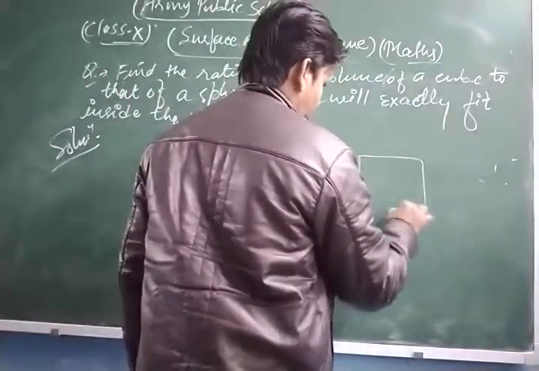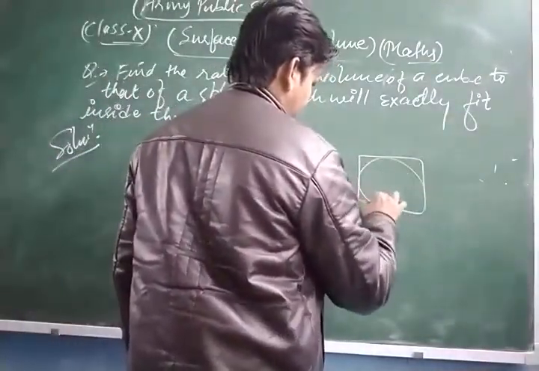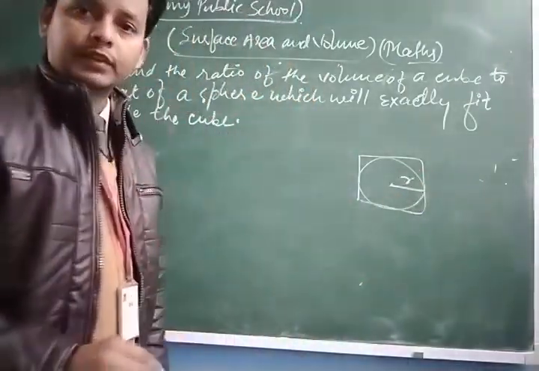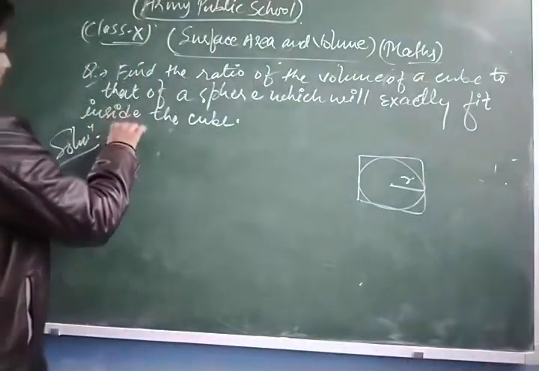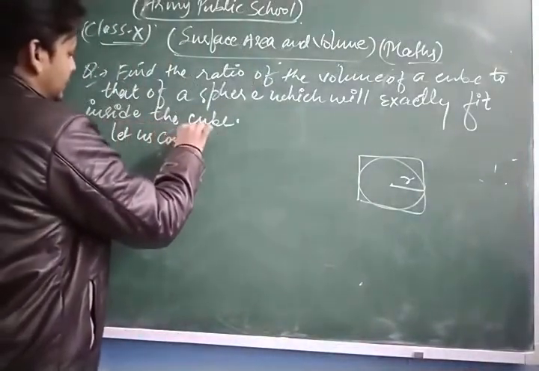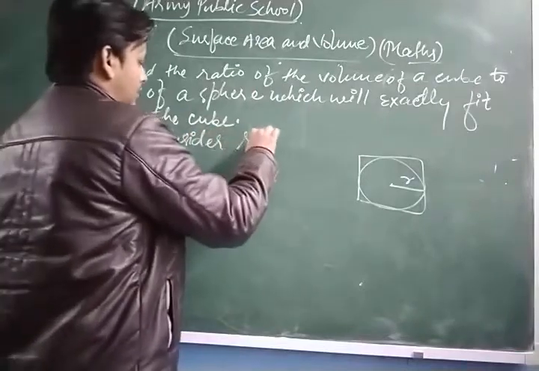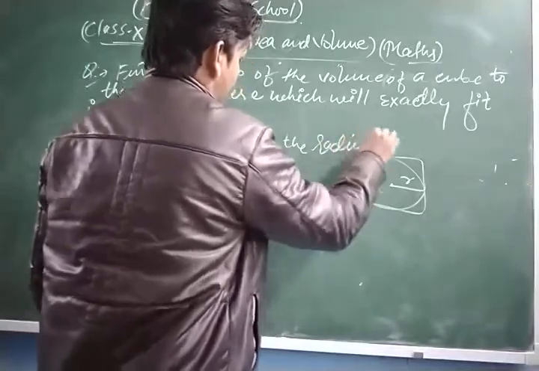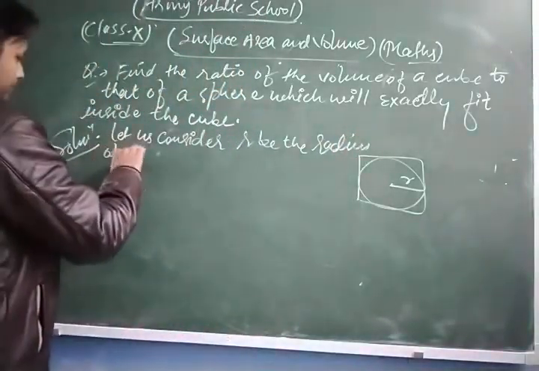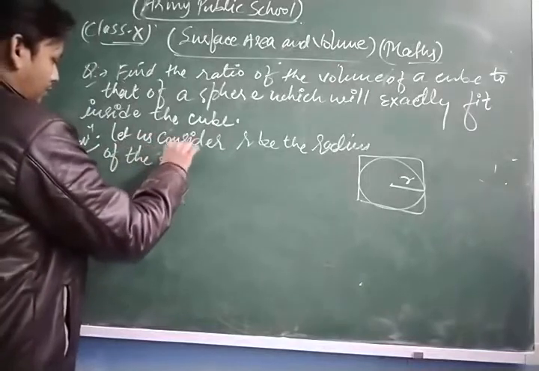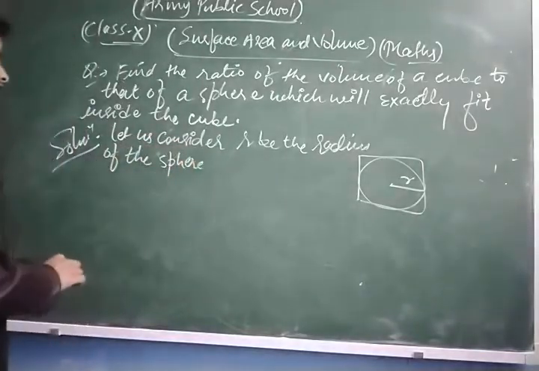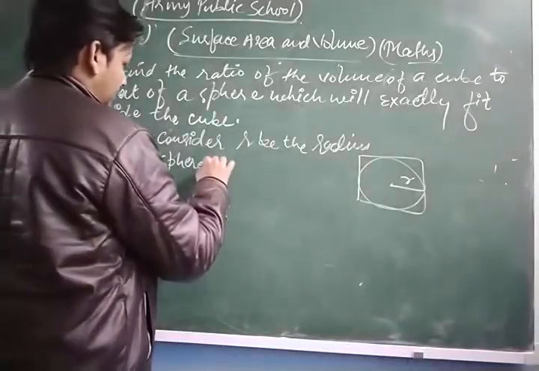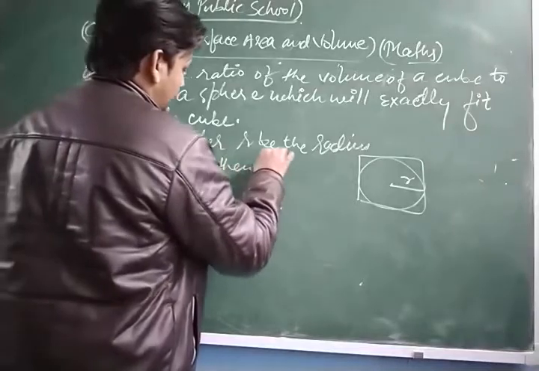Suppose that this is the cube and this is the sphere. Let R be the radius of the sphere.